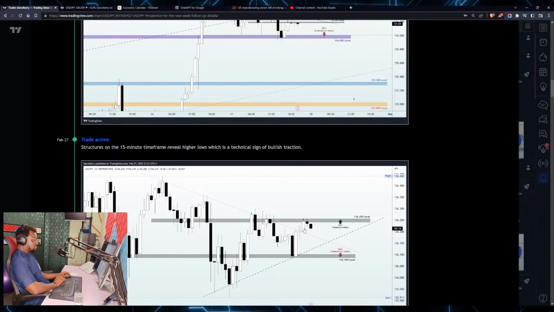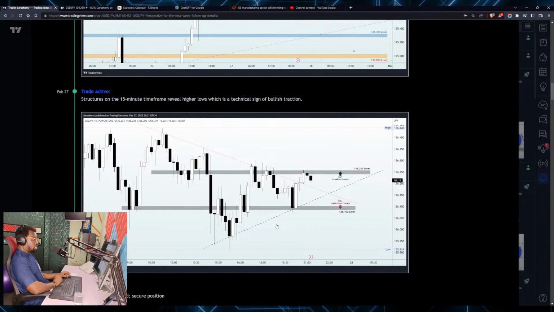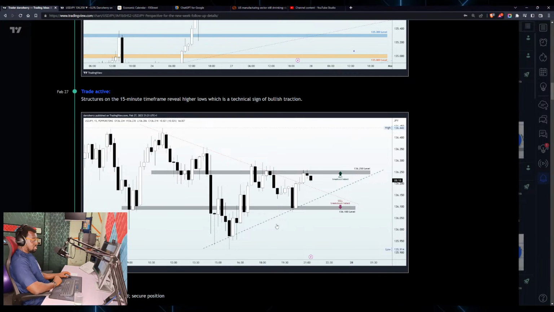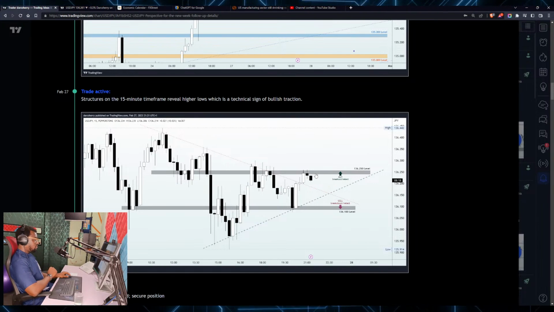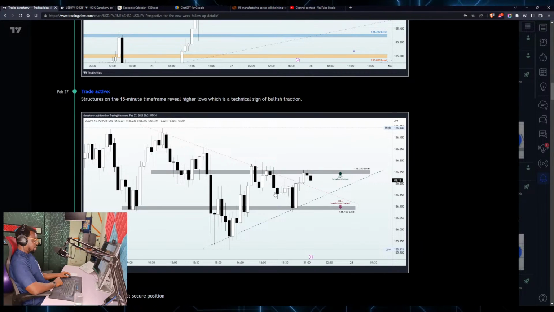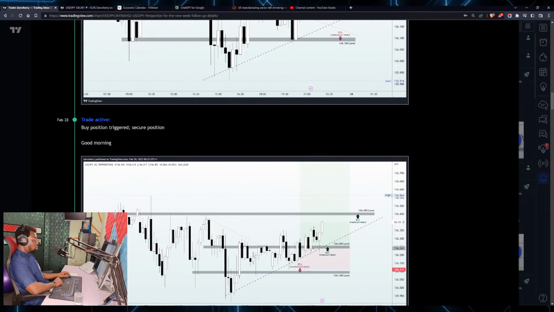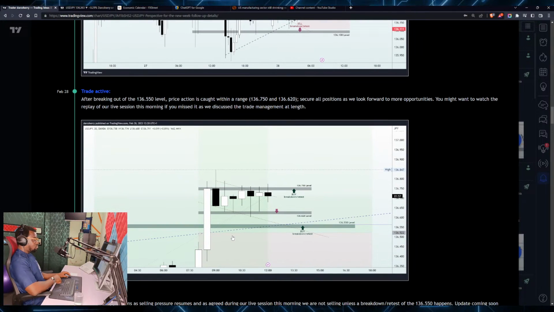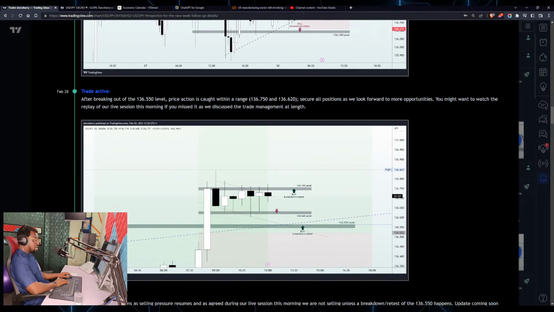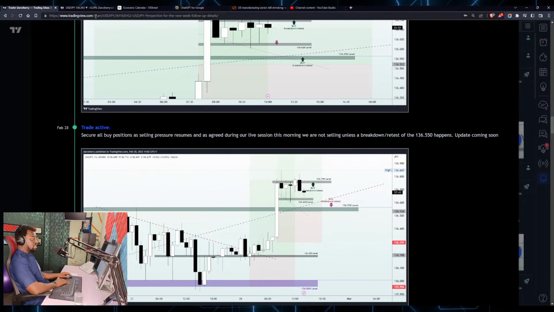So I had this 15 minutes time frame uploaded prior to the Asian session on that day, where we were looking out for either a breakout of the 136.250 level or the breakdown of the 136.100 area for trading opportunities. And lucky enough, our buy stop order was triggered at the breakout of the 136.250 level, which continued to move price to the upside here, as you can see.